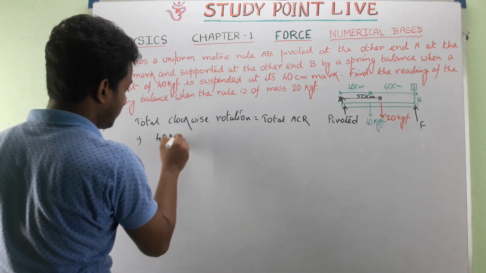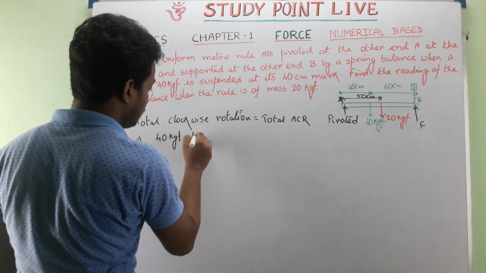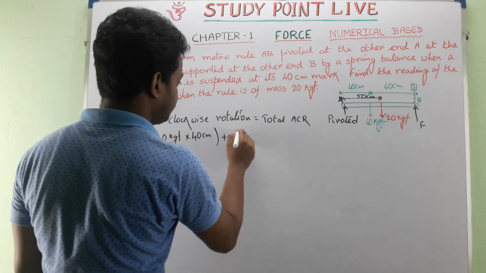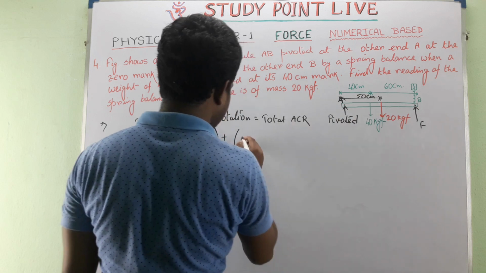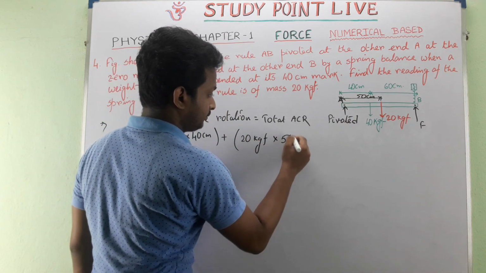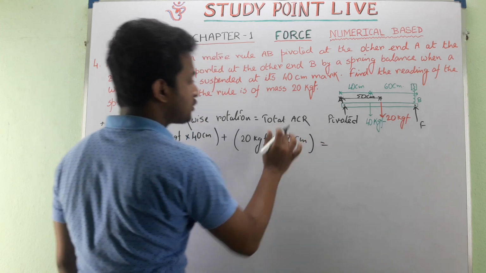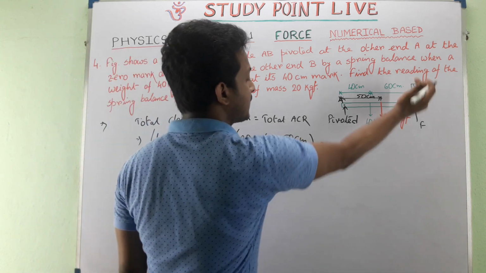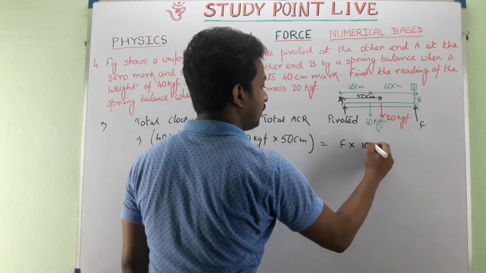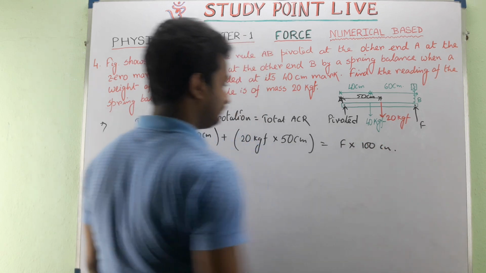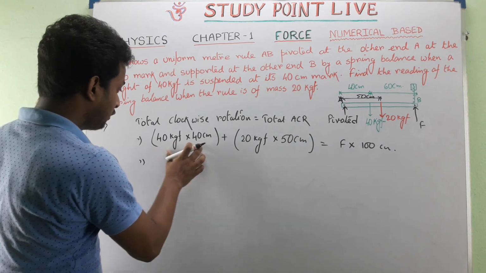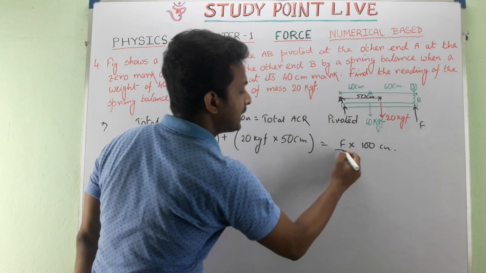So 40 kgf into 40 centimeter plus 20 kgf into 50 centimeter is equal to the total anti-clockwise rotation, and that rotation will be for this F. So force into 100 centimeter.